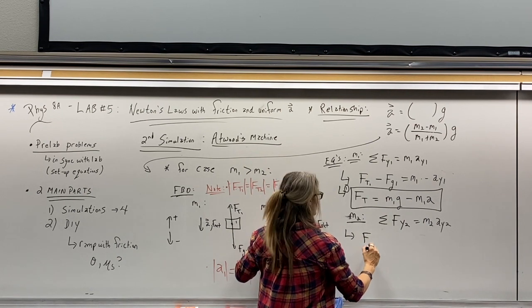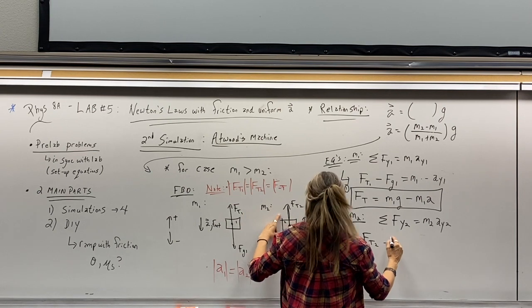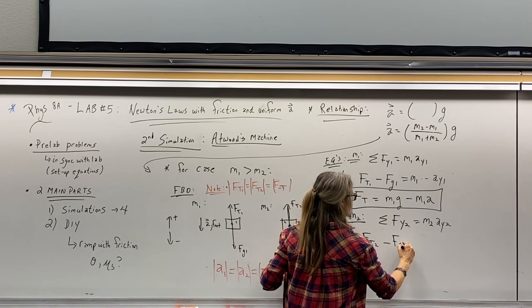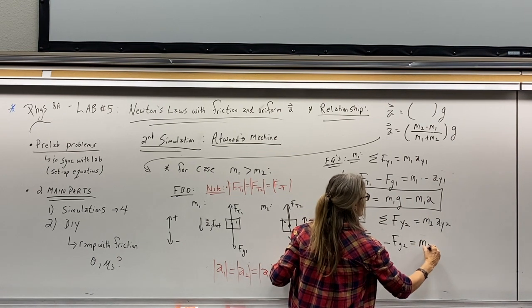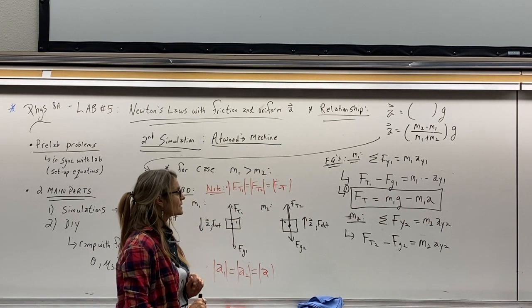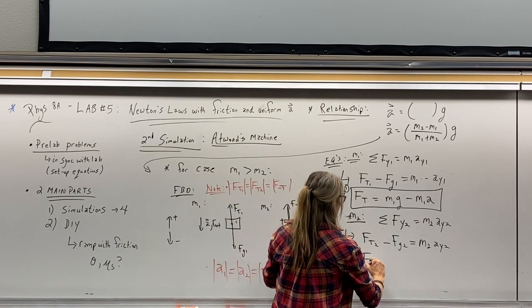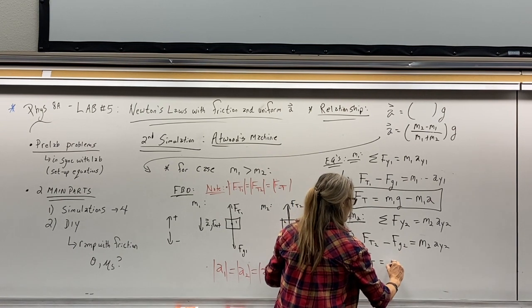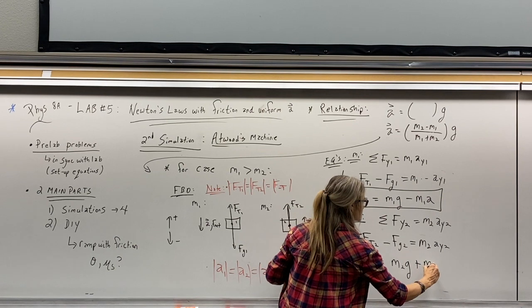So we have the force of tension of 2 minus F, the weight force on 2, will equal positive M2AY2. Okay, and cleaning this up a little bit, we'll say the force of tension will equal M2 times G plus M2A.